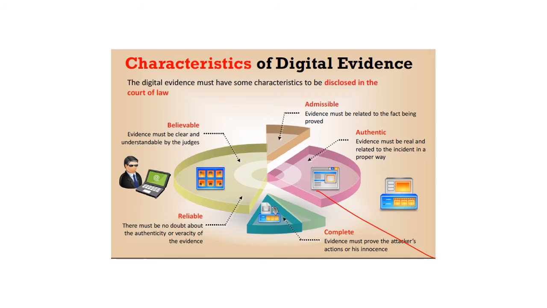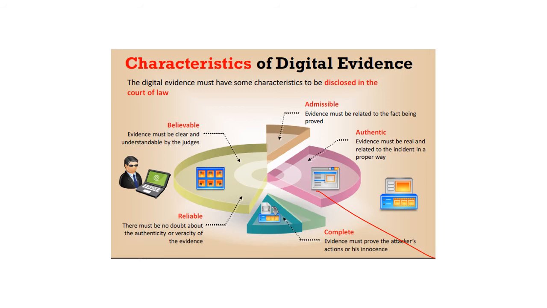You will find that since we started this module, we have been talking so much about evidence being admissible in the court of law, evidence should be preserved in a forensically sound manner in order for that evidence to be admissible in the court of law. And now we're saying in digital evidence, there are characteristics, and the first one is admissible.